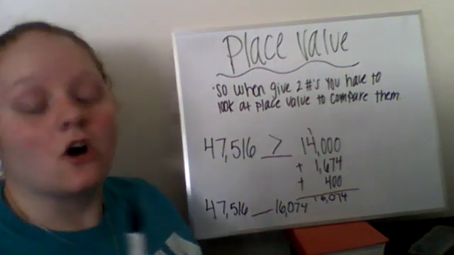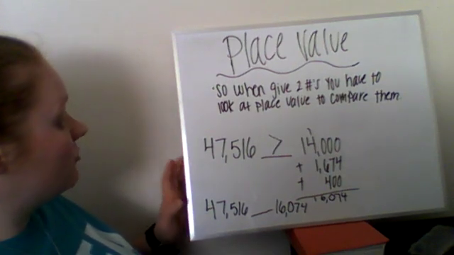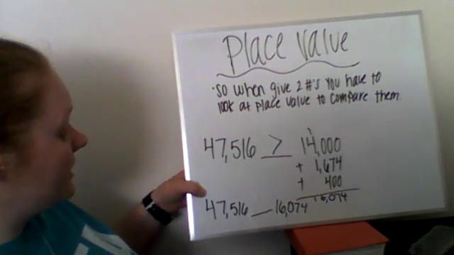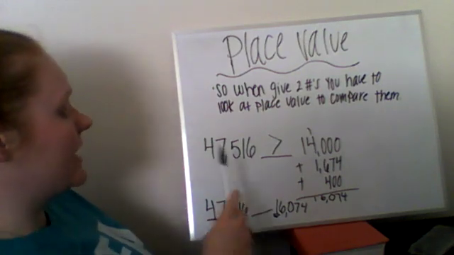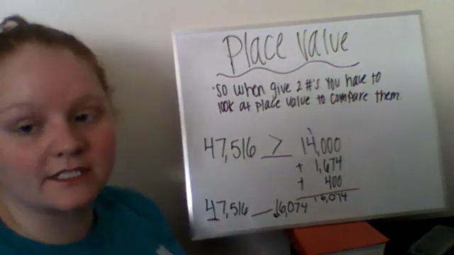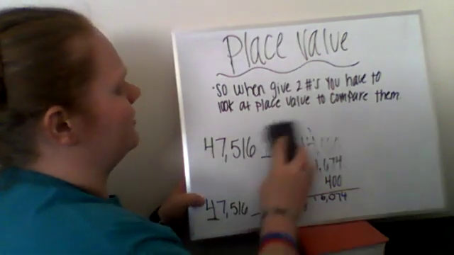All you had to do is look in your thousands place values. So technically, you're looking at your 10,000s, and that told you that 47,516 is greater.